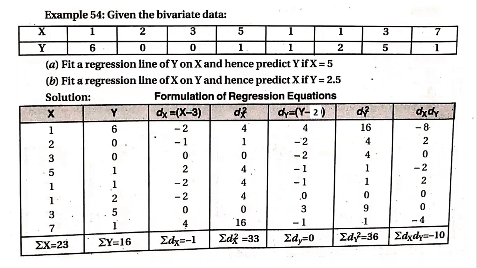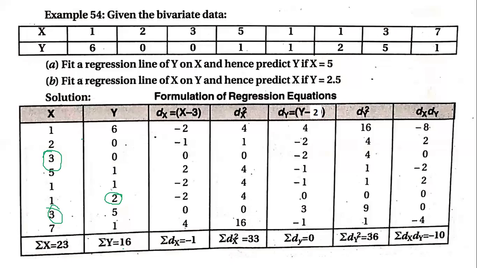So for this problem, they have considered 3 as the assumed mean. It can be this 3 also, it can be this 3 also. No problem. You can consider any number out of X to be taken as assumed mean. When it comes to Y, they have taken it as 2. Though the actual mean is also 2, you can take that number from Y. That is nothing but 2.